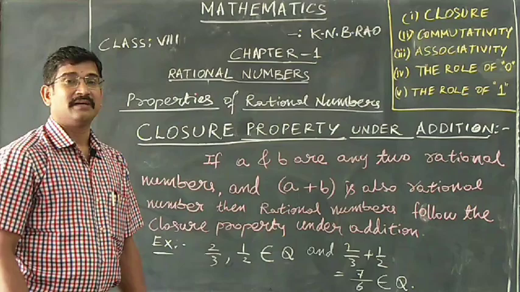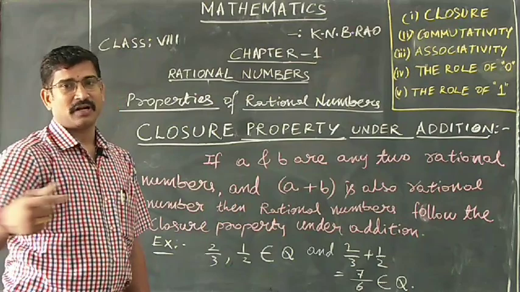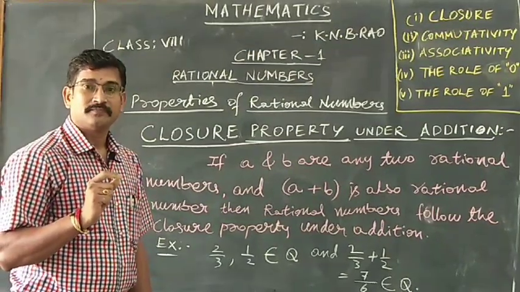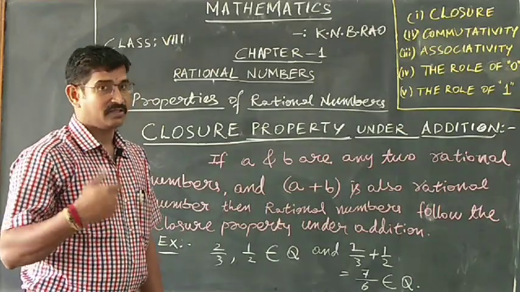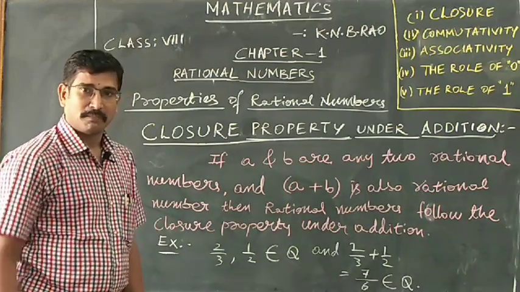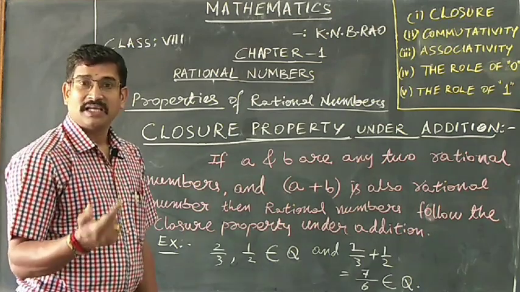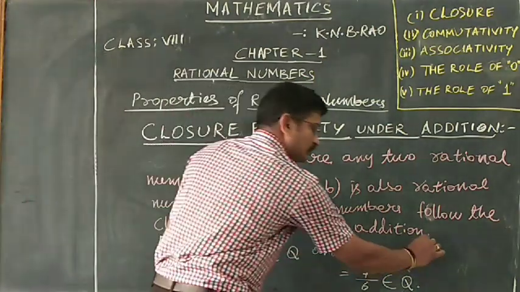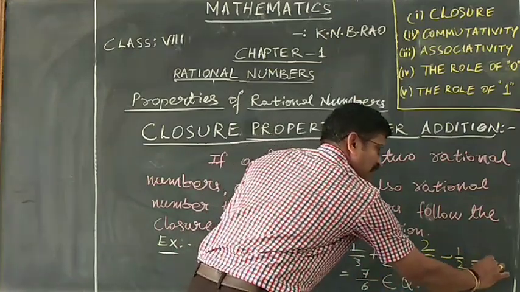If A minus B is also a rational number, then the rational number set is said to follow closure property under subtraction. So, try to understand, children, if the sum of any two rational numbers is again a rational number, it is sure, therefore the rational number set follows closure property under addition. If the difference of any two rational numbers is again a rational number, is it true or not? You can check taking examples, 2 by 3 and 1 by 2. 2 by 3 minus half, LCM 6.